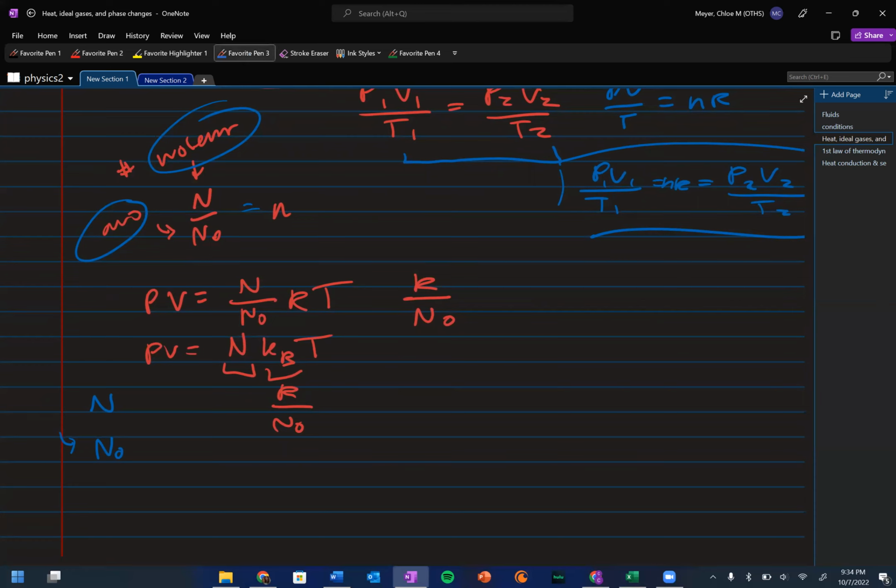So in that case, you're going to be using this equation here, because Boltzmann's constant is just this guy who put two constants together. R is the universal gas constant, and N-naught is going to be Avogadro's number. So this is actually going to equal something like, what is it? Oh, it's 1.38 times 10 to the negative 23rd joules over Kelvin. So that's going to be Boltzmann's constant, and just use that.